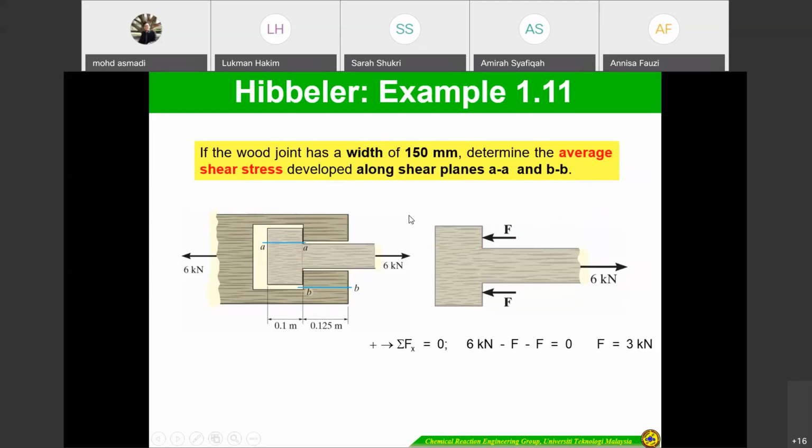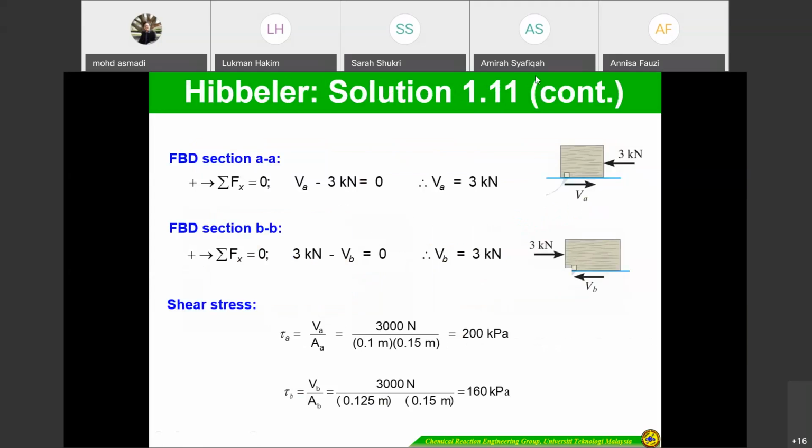Looking at section AA, the total force in X, V minus, once you introduce force here it is in the opposite direction, the shearing, because there is shearing here.